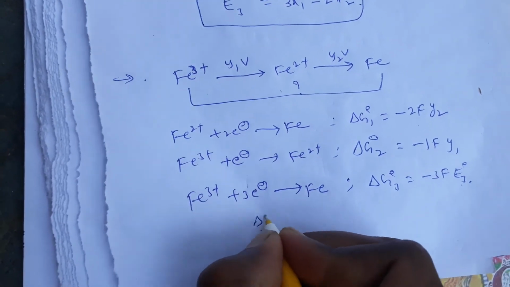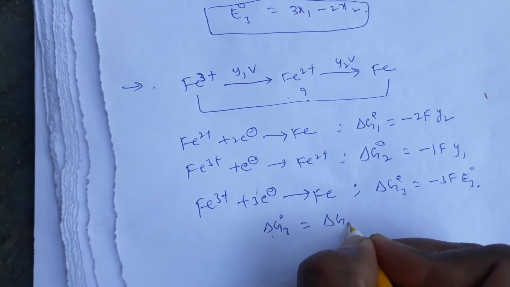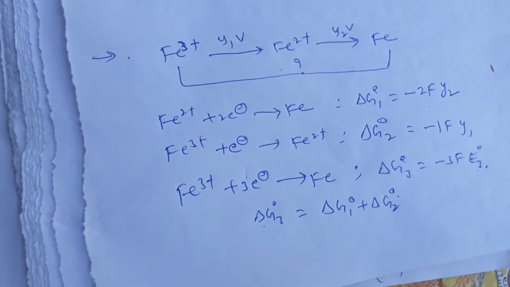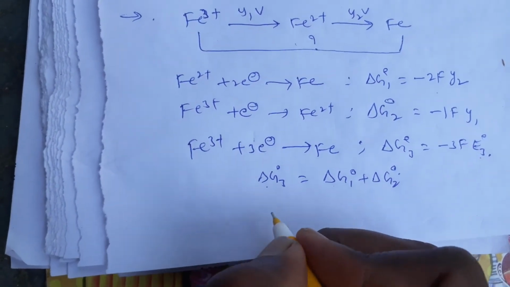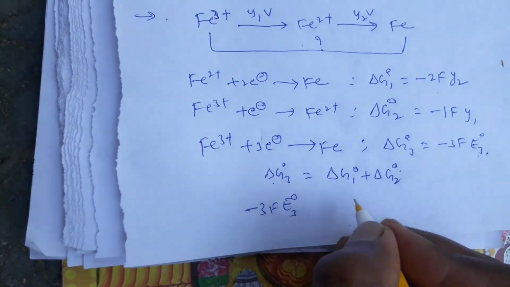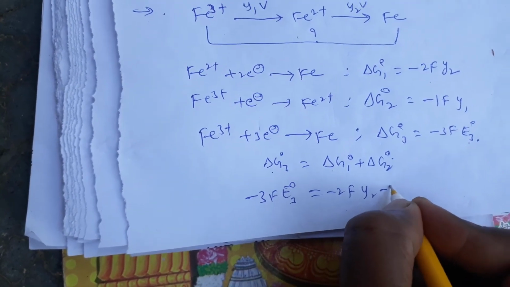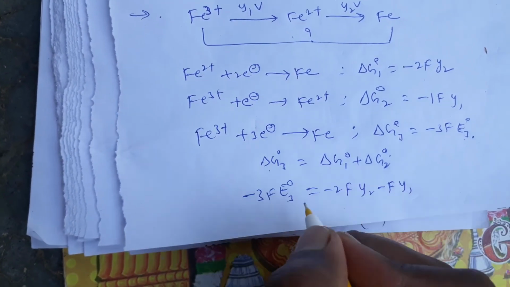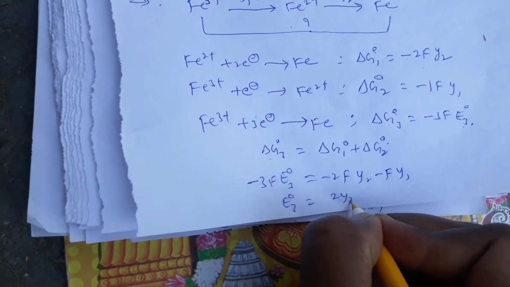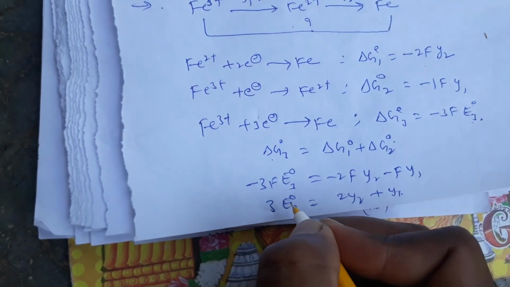So delta G naught 3 is equal to delta G1 naught plus delta G2 naught. If you substitute these values, then minus 3F E naught 3 is equal to minus 2F Y2 minus F Y1, so 3 E naught 3 is equal to 2Y2 plus Y1.